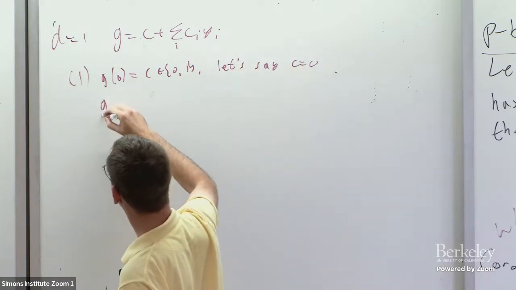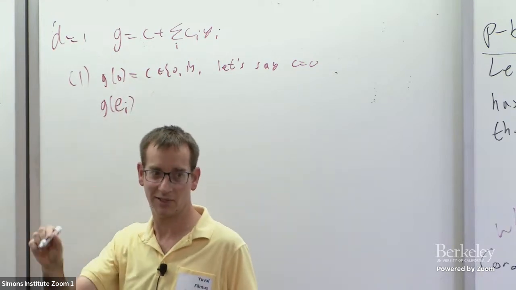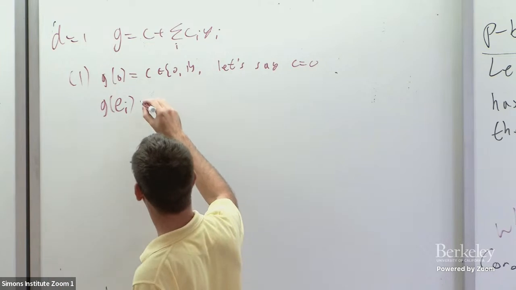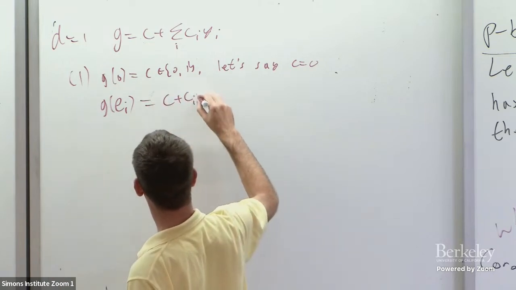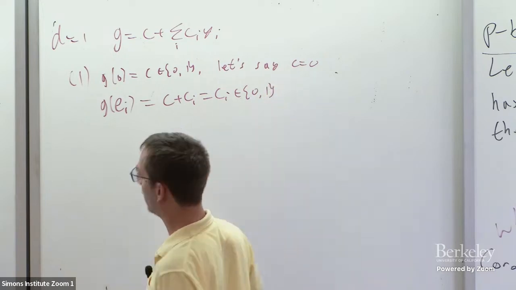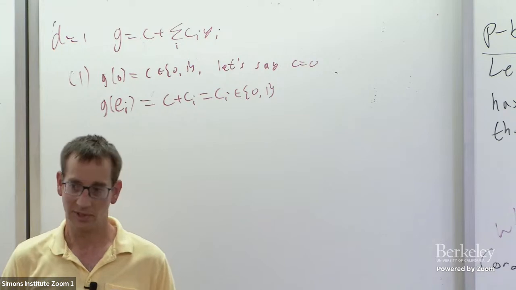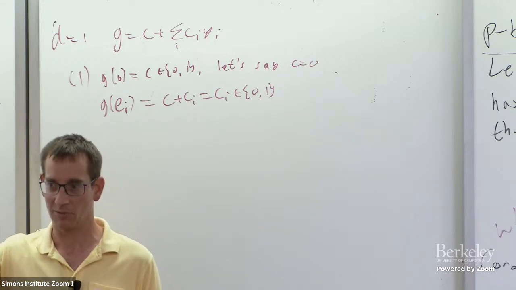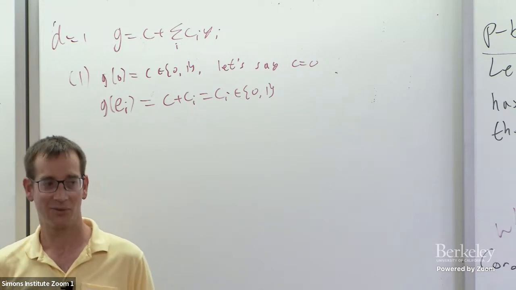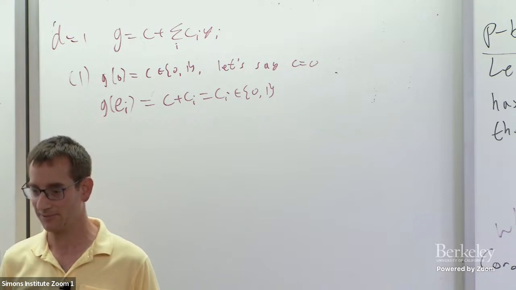And now G of e_i, the unit vector with only a single 1, is equal to C plus C_i, which is C_i, which is in {0,1}. Yeah, so we get that G is a sum, or 1 minus the sum. Okay, and in general we will get all the possible coefficients, and we get what we call a quantized polynomial, because the coefficients come from some finite set.